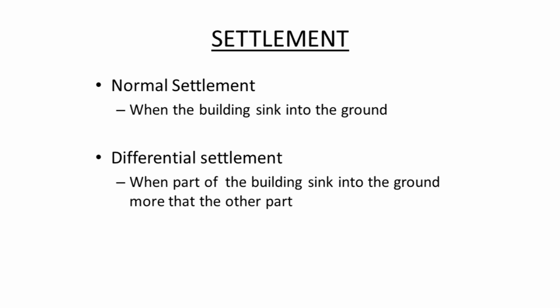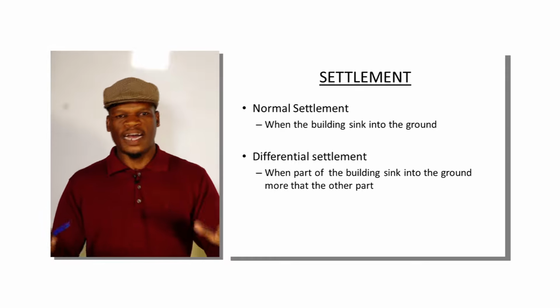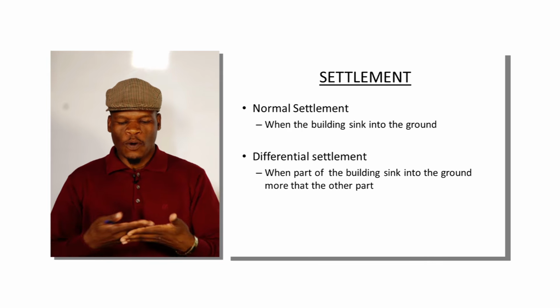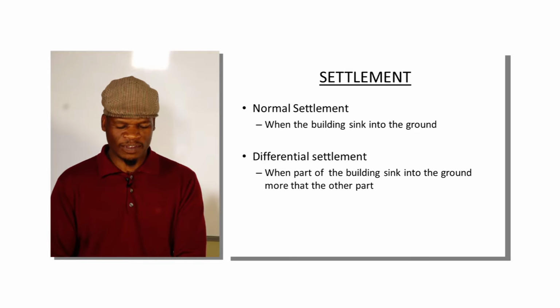Then in terms of settlement, we are also going to look at the different types of settlement. We have your normal or standard settlement, in which the whole building sinks down into the ground without any other part being affected. So when the whole building sinks down into the ground, we say it has a normal settlement.